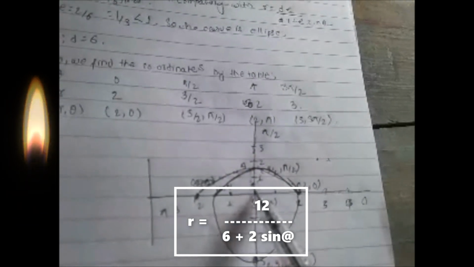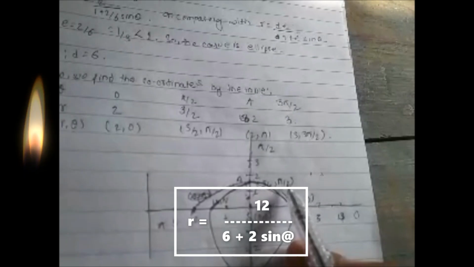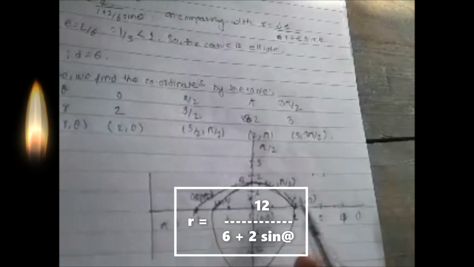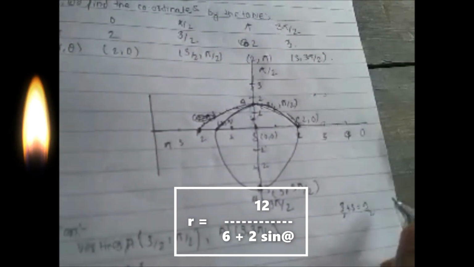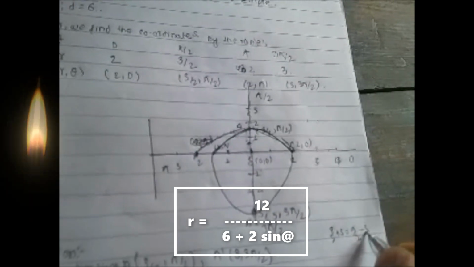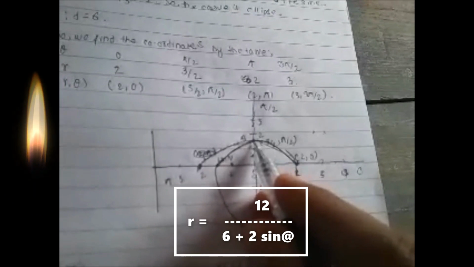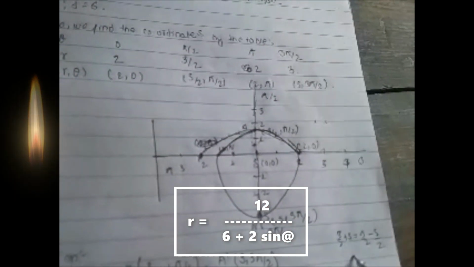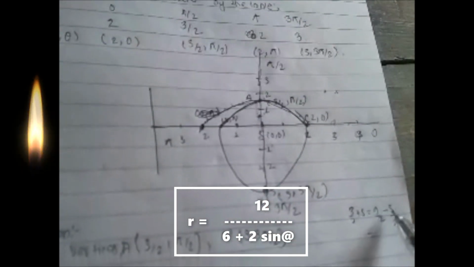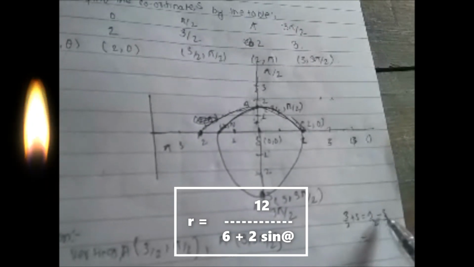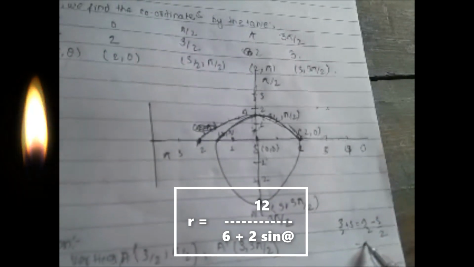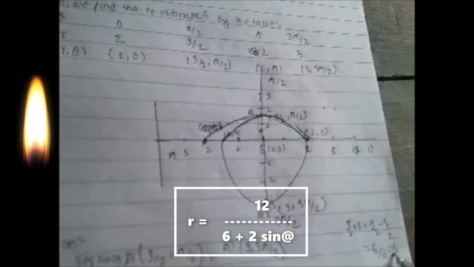So make this 0 here. What you have to do is subtract this from this: 9 by 2 minus 3 by 2. When this point reaches here, then we can count from here. So it would be 6 by 2, which is 3.